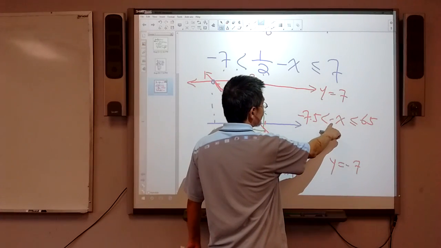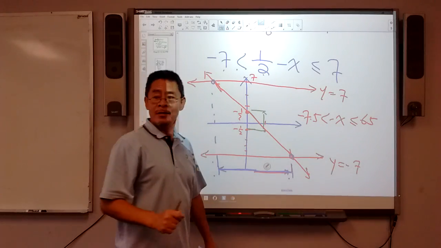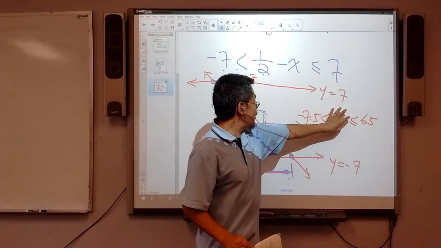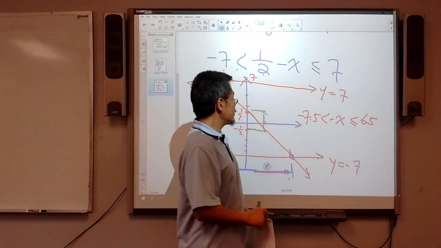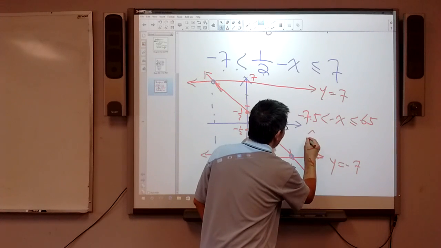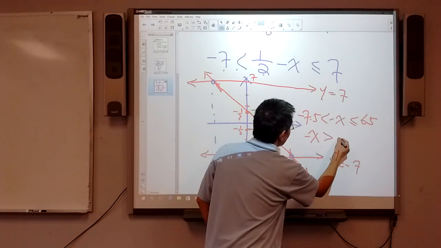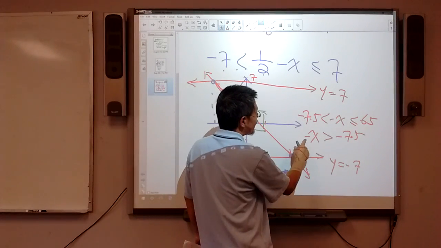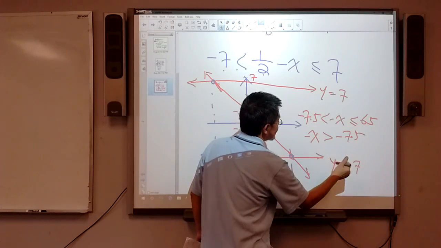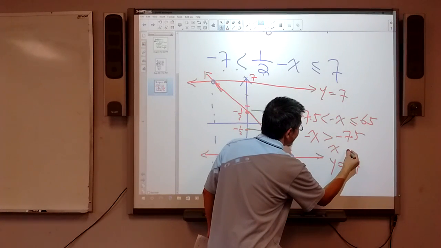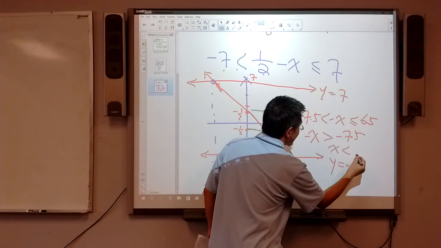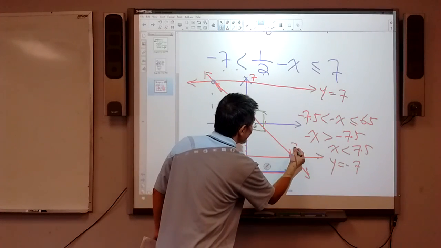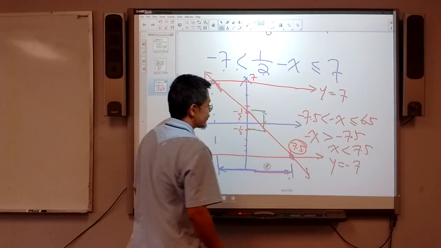But now we have to do this, right? Negative x here. So we can either divide by negative 1 or multiply by negative 1 to make this a positive x. So negative x is greater than negative 7.5. What does x have to be? When you multiply by a negative number, what happens to the sign? It switches. So x has to be less than 7.5, which means this point is 7.5, right?